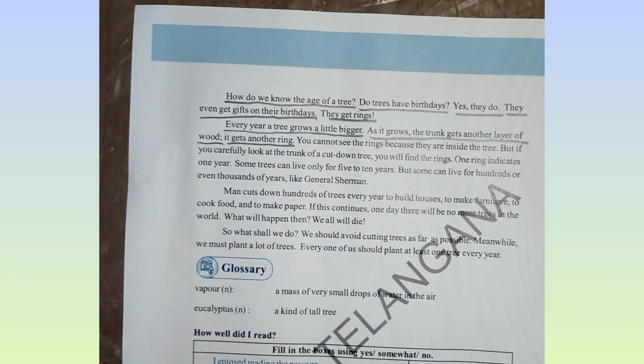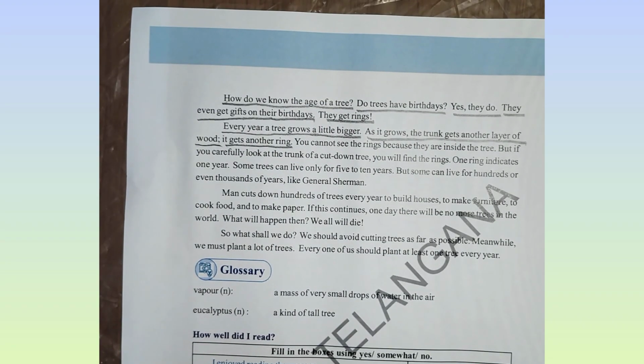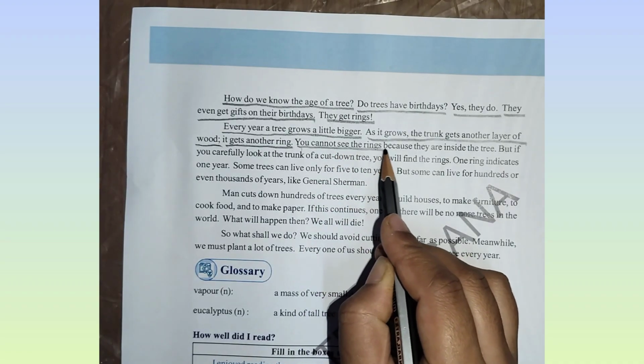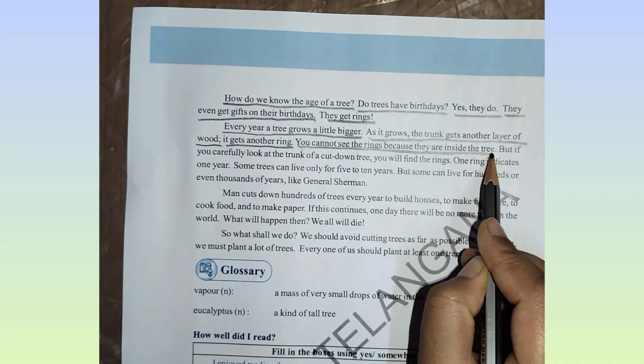So when the tree is growing day by day, the stems will be growing, the branches will be growing, and the rings will also be growing. The rings are nothing but small layers located inside the stems. You cannot see the rings because they are inside the tree.